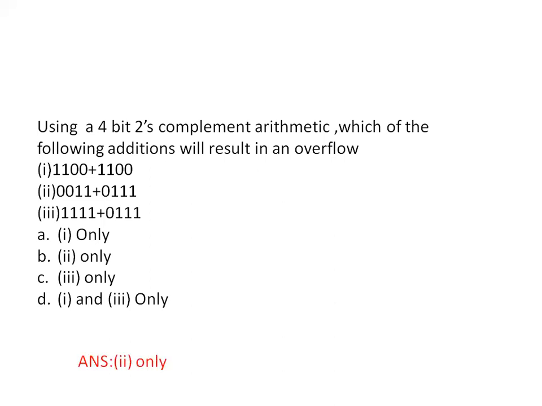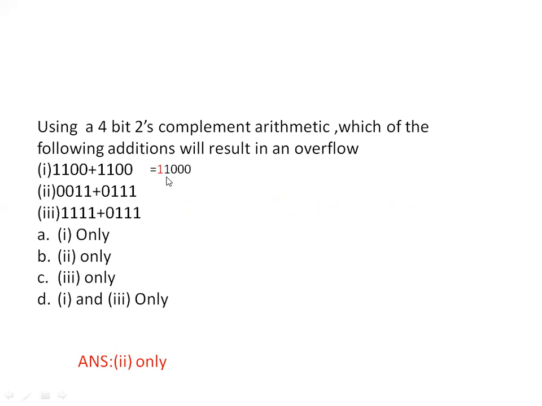2 only. So let me see how. Take the first operation. When we add 1100 and 1100, we get the result 11000. Here, the first bit is the carry bit. We know very well, when we add two 4-bit numbers, we should get a 4-bit result. So the fifth bit is a carry, and we should ignore the carry. Then we have to check the sign bit.